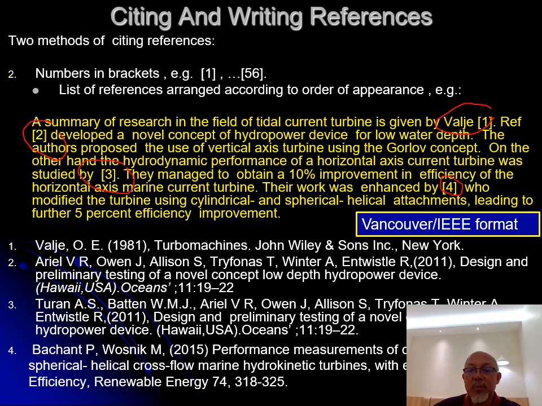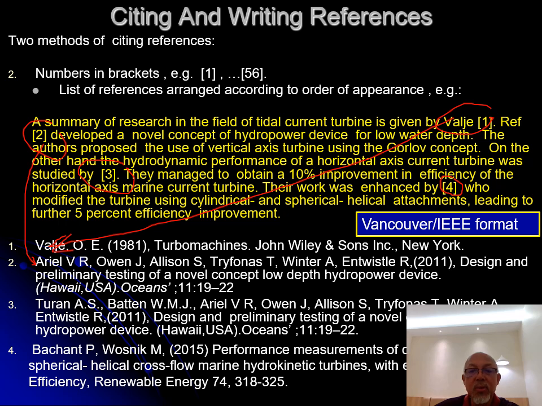If we use this, the format is normally called Vancouver or IEEE format, and we list the references according to the order of appearance. Whoever appeared first is put first here. Then number 2 is Ariel et al., number 3 is Turan, and finally number 4 is Bachan.